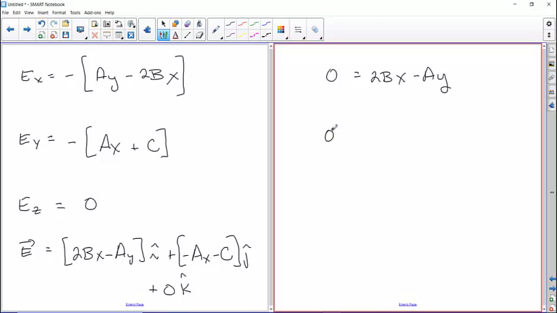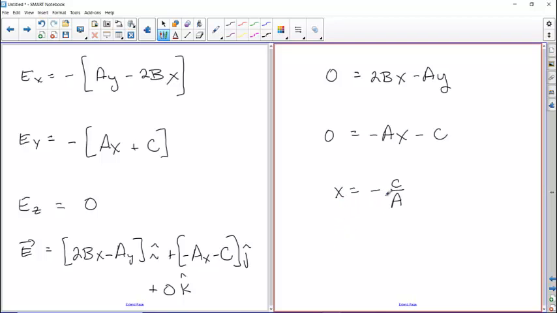And 0 is equal to minus a times x minus c. Okay, so we have two equations, two unknowns, but we can solve the second equation for x. We'll get x is equal to negative c divided by a. Because if we move this to the other side, it becomes positive c, and if we divide by negative a, we get that. So that's x.